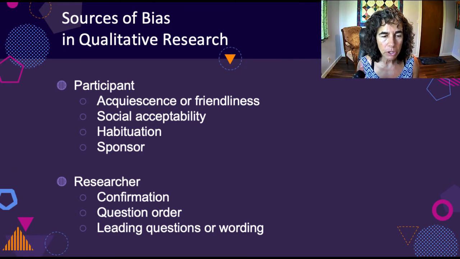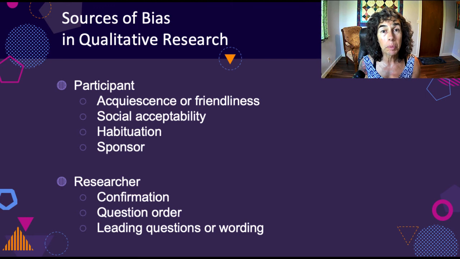The researcher, confirmation bias is the most common, and it's when I think to myself, this is what I think is going on, and then I confirm it rather than really seeing all the possibilities of what might be going on and taking that in without any bias. Question order.